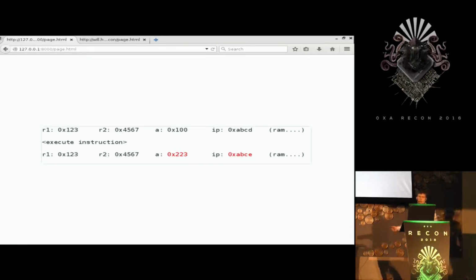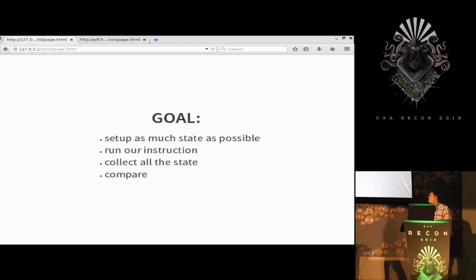So the goal for a test bench is to set up as much state as possible on the core using the instructions we already know about, which is move immediate, run an instruction that we don't know what it does, collect all the state that we can, and then compare it against our model of what that instruction should have done.